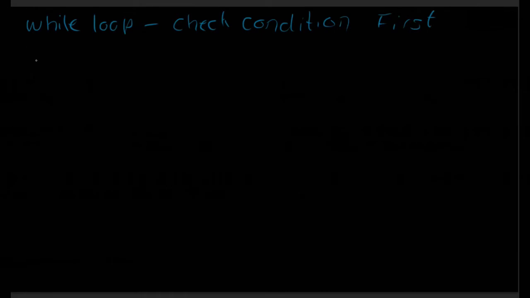Then our do loop is the opposite of that. So a do loop, you're doing something, but you're actually going to do the process, and then you're going to check if it was successful, right? So a do loop, how do I want to say this?